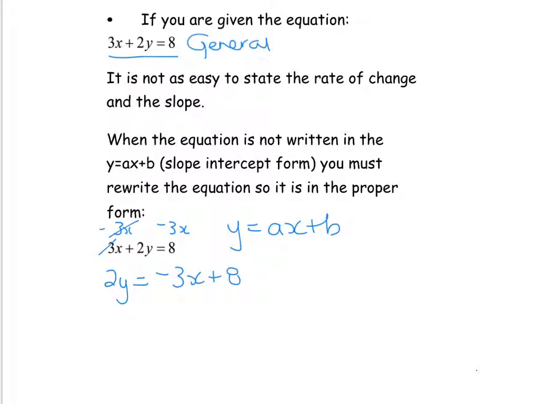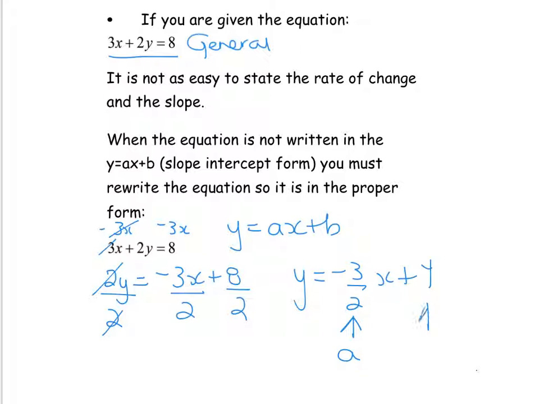Now, y is positive, y is alone, but there's two y's, not just one. So I need to divide everything by 2. Because 2 divided by 2 gives me 1, so y is equal to negative 3 over 2x plus 4. So my rate of change is negative 3 over 2, and my y-intercept is 4. And that is how we convert from general form to function form.